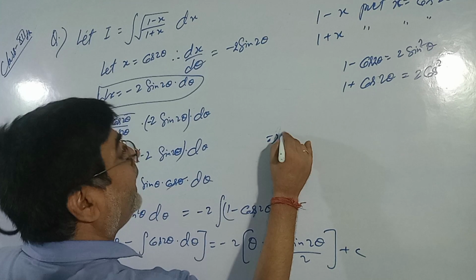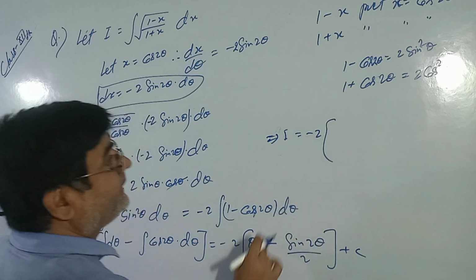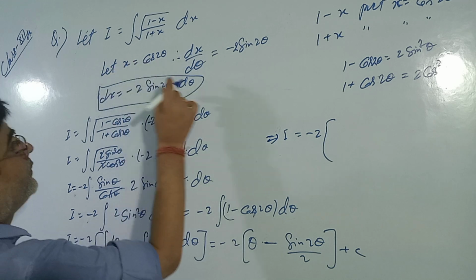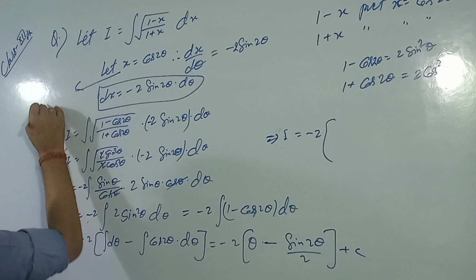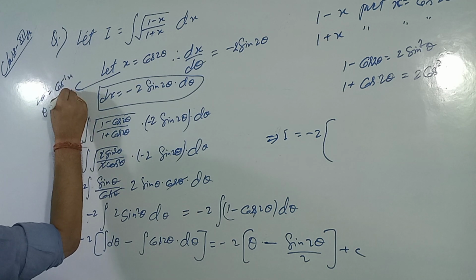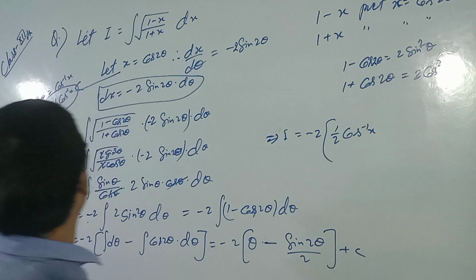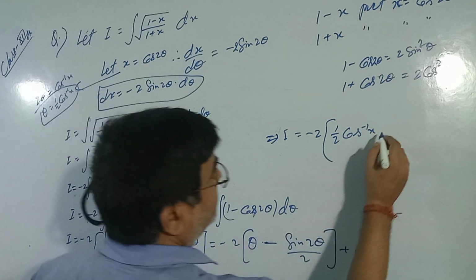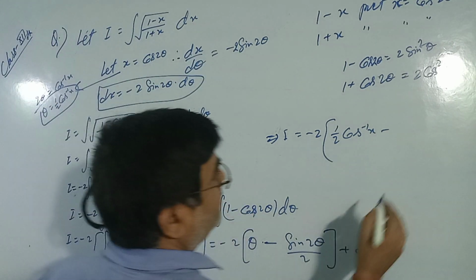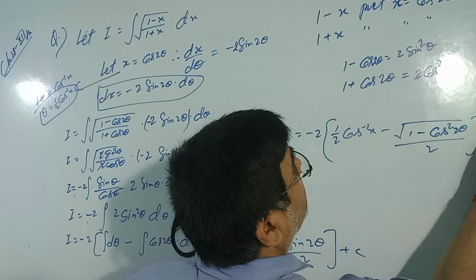Let the answer be I equals minus 2 and the value of theta. So let x equal cos 2 theta. So 2 theta equals cos inverse x and theta equals half cos inverse x. Right, students? Half cos inverse x minus sin 2 theta over 2, and sin theta equals the square root of 1 minus cos square 2 theta, with cos 2 theta equal to x, plus c.